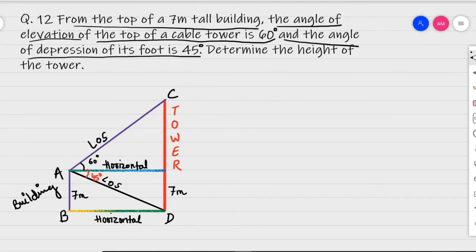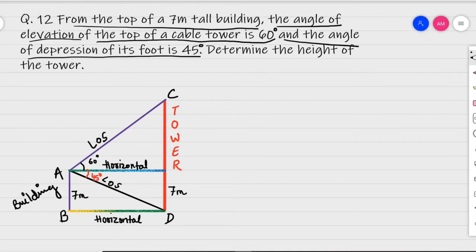Read the first sentence. From the top of a 7-meter tall building. See, from the top of a building, the angle of elevation, that means someone is looking to the upper side. That means the top of the cable tower is at 60. That means the cable tower is taller than the building, because from the top of the building somebody is looking at the top of the tower and the angle of elevation is given.